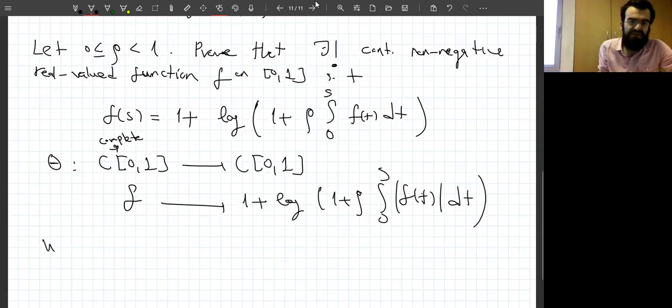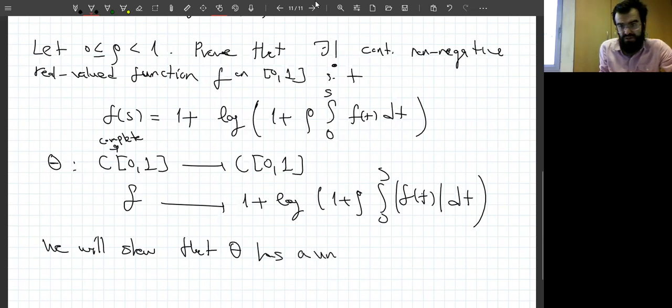We will show that theta has a unique fixed point.